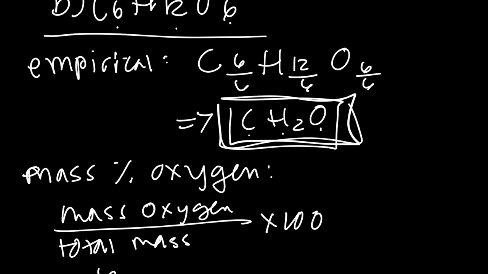This comes out to 6 oxygen atoms times 16 AMU over 6 oxygen atoms times 16 plus 6 carbon atoms times 12 AMU for the mass of carbon plus 12 hydrogen atoms times 1.01 AMU. Multiply by 100. We come to the conclusion that this is 53.3% oxygen, and that is our mass percent of oxygen.